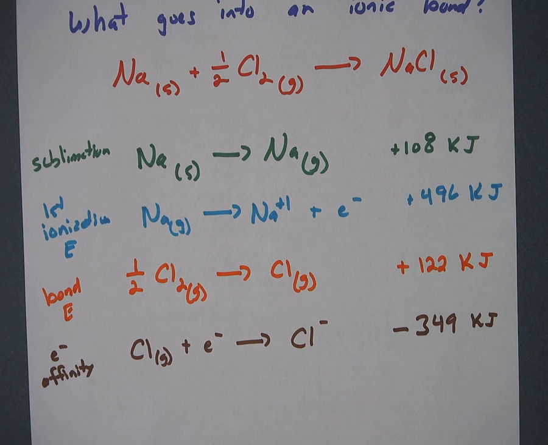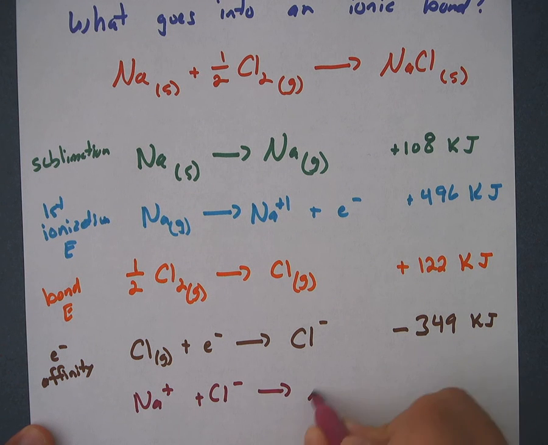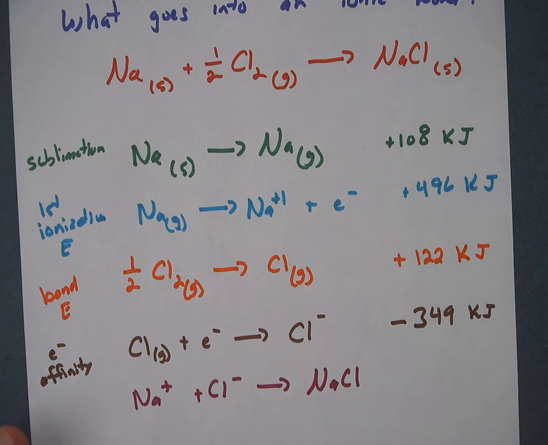And the last one, my favorite one to bring up, is lattice energy. We can now let the sodium ion and the chloride ion come together to make NaCl.